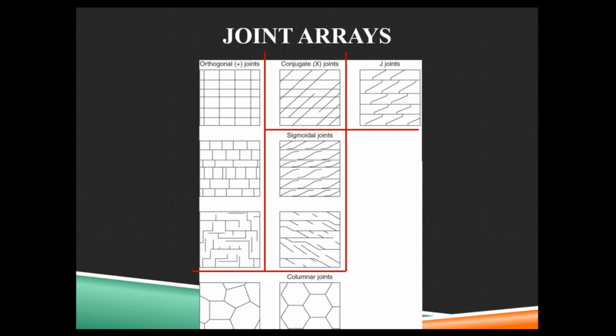You can see here, we've got a nice angle, and then right at the end it curves and hits the big joint at 90 degrees. Those are J joints.